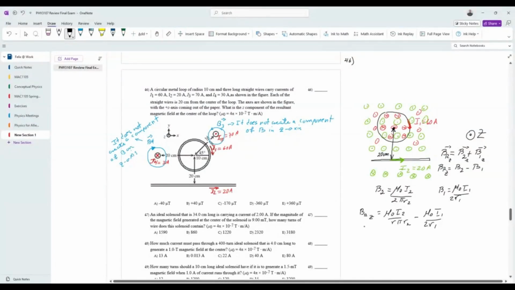We can take a common factor mu sub 0 over 2 out. We say mu sub 0 over 2 times I sub 2 over pi r2 minus I sub 1 over r sub 1.